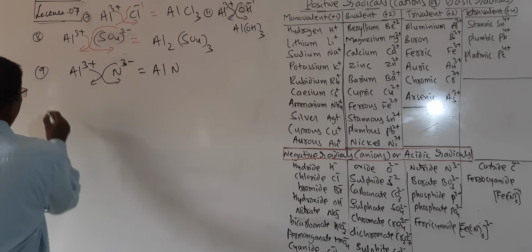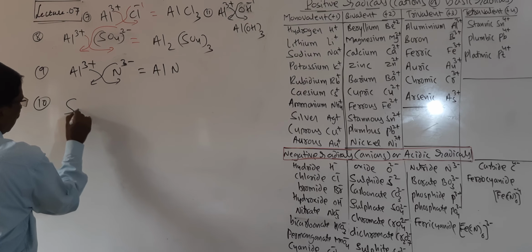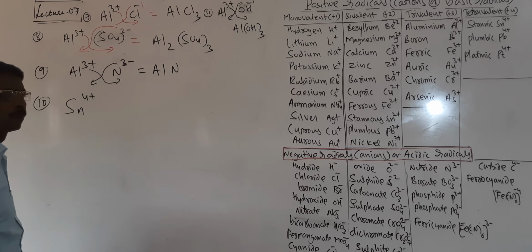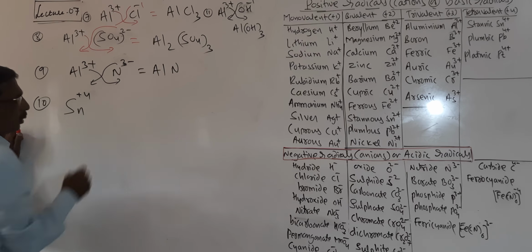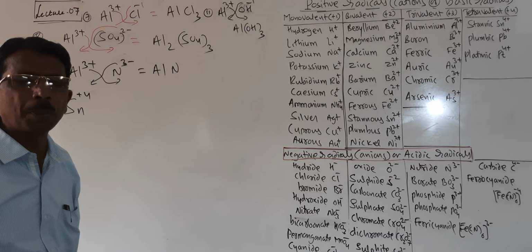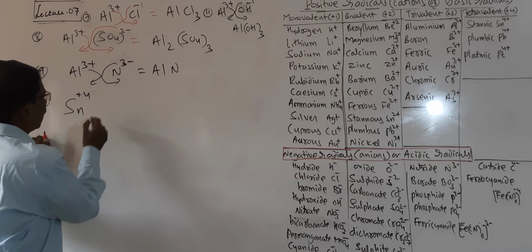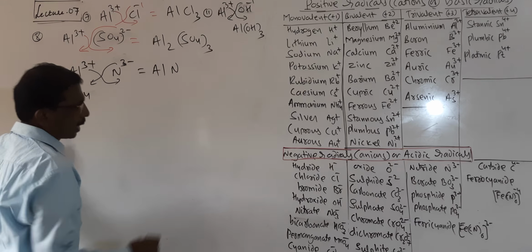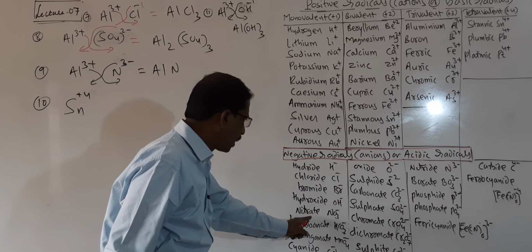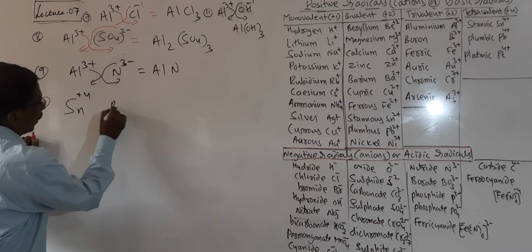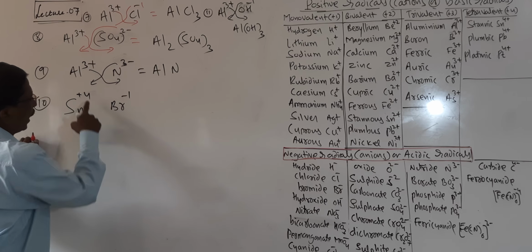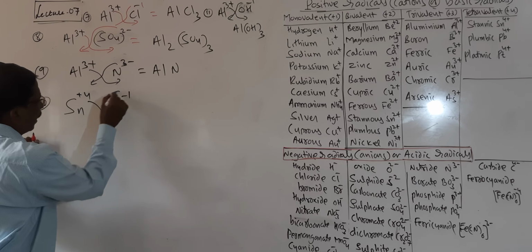Look here, the tetravalent example. Sn4 plus, or you may write it like this also, +4. Sn. Then I will take nitrate, or chloride, bromide. I will take bromide, Br minus 1. Look here, 4 is multiplied here.